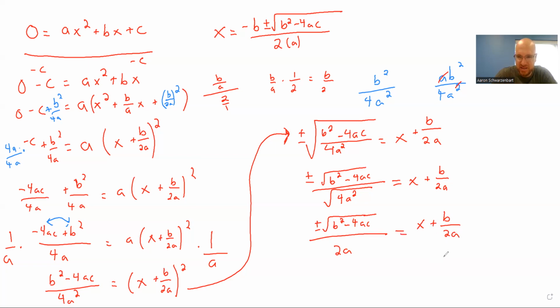Now to get x by itself, I'm just going to subtract this whole term, b over 2a. Giving me here, I'm out of room.